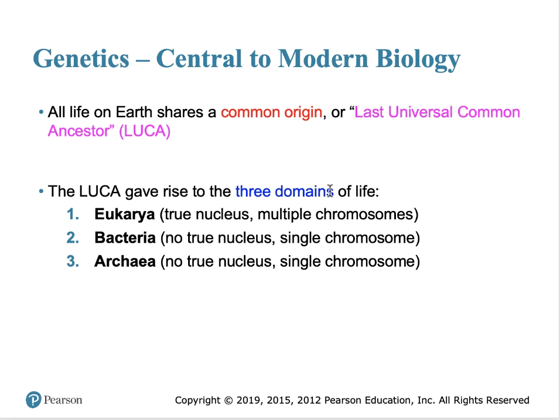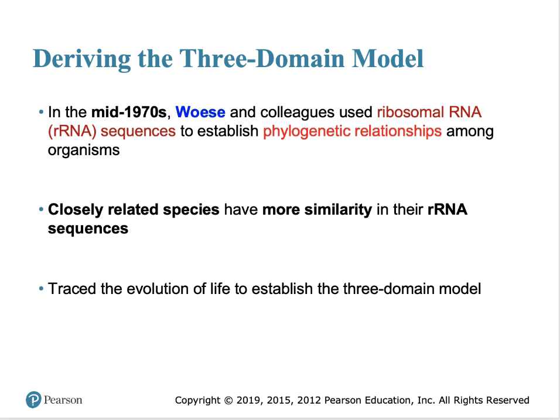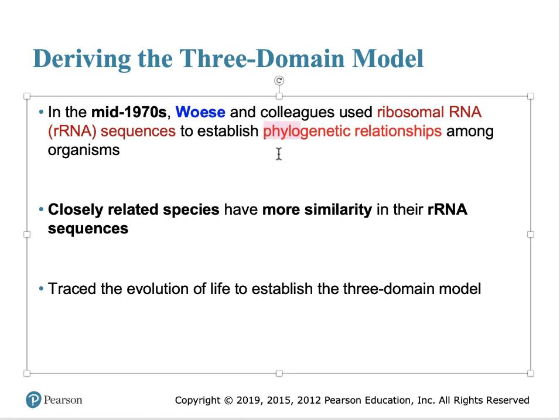The 3-domain model of life is credited to Woese and colleagues, who used ribosomal RNA sequences to establish the phylogenetic relationships amongst living creatures alive today. So phylogenetics is a way of looking at the phylogeny, the actual relationship between the branches of the tree of life involving species and their genetics.